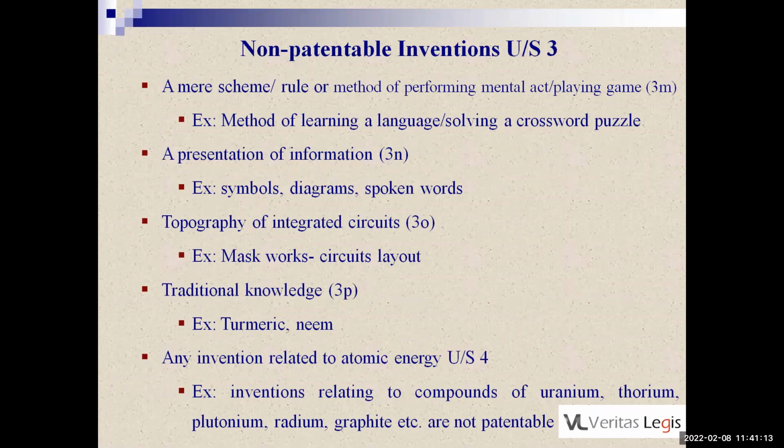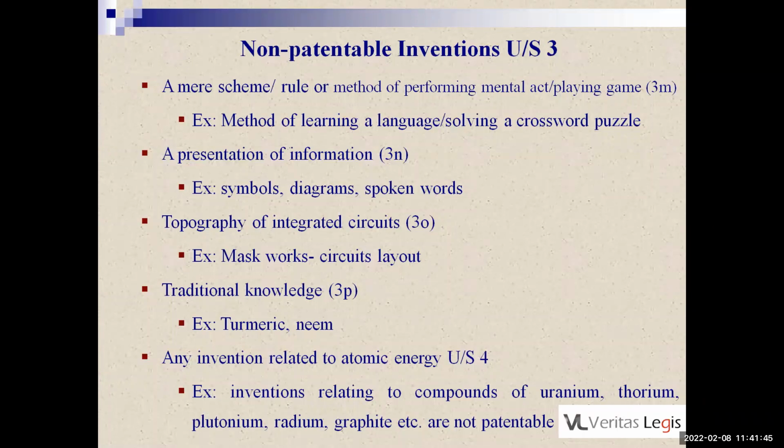Basically, a mere scheme or any method of performing an act, or playing a game, how I'm playing the game, is not patentable. Solving a crossword puzzle, again, and a presentation of information, how you are presenting the information, symbols, diagrams, spoken words, are not patentable. Integrated circuits, and the topography of integrated circuits, again are not patentable.